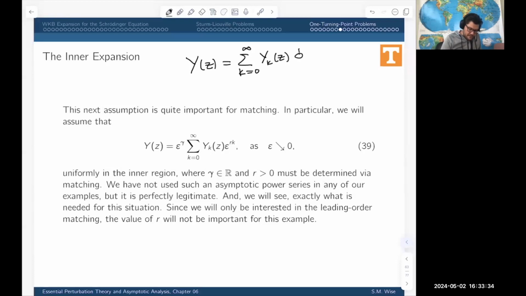And the asymptotic sequence that we used before generically was called phi k of epsilon.